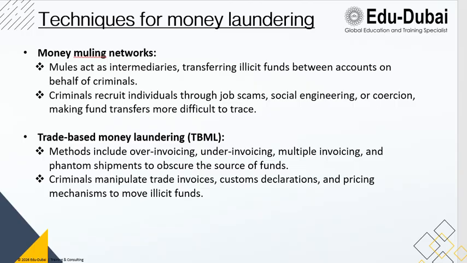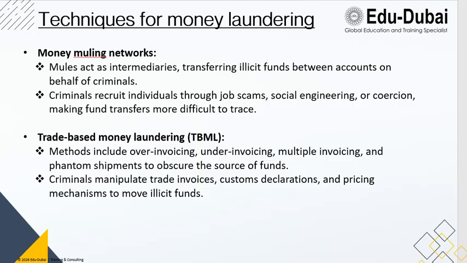What is happening? We are getting $1 million extra through this trade deal. Through over invoicing or under invoicing, we can transfer value, which is also a technique of money laundering. So transferring the value using over invoicing, under invoicing, multiple invoicing, or phantom shipments.